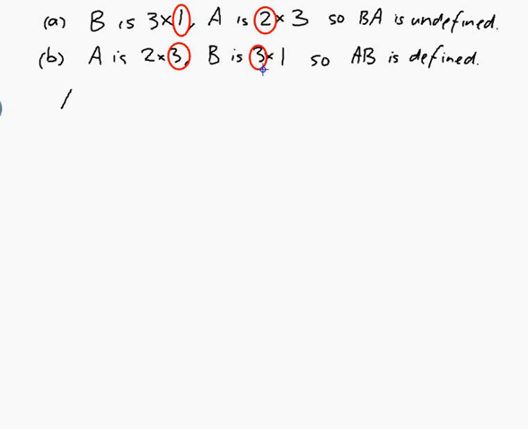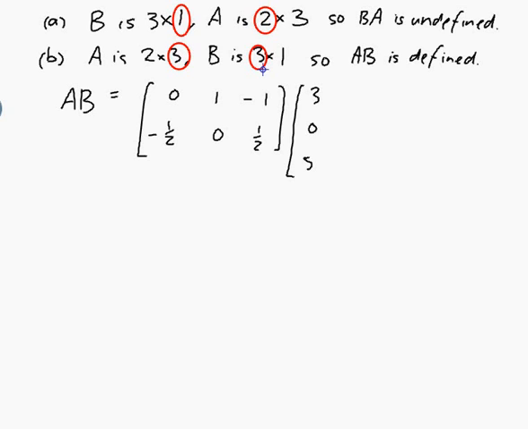AB was 0, 1, minus 1, minus a half, 0, a half, and B was 3, 0, 5. And we can check, having drawn our matrix, if it's the right size as well, because the rows in A ought to be the same length as the columns in B, which they are.